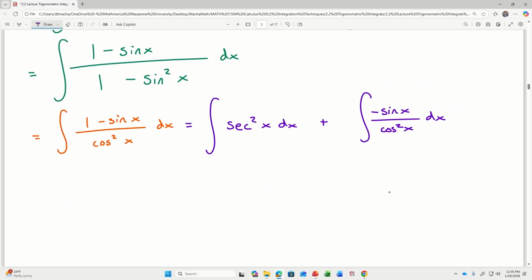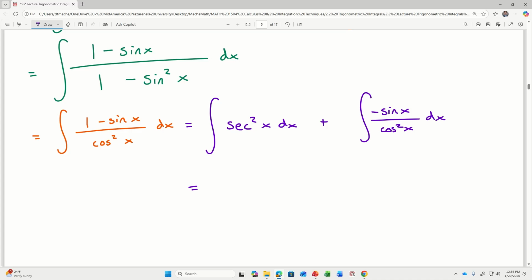And so for the first, what's the antiderivative of secant squared? This is one you should know.